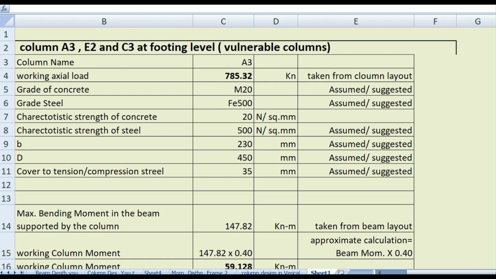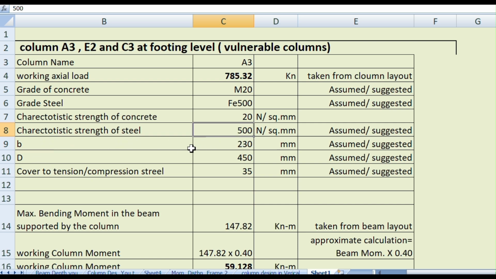Now we are going to see the column main rod design for the column A3. The axial load on the column is 785.32. We are going to use concrete M20 and steel Fe500. So the characteristics of concrete and steel are 20 and 500.